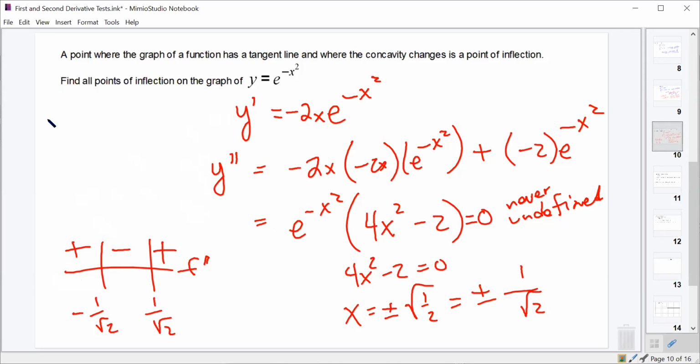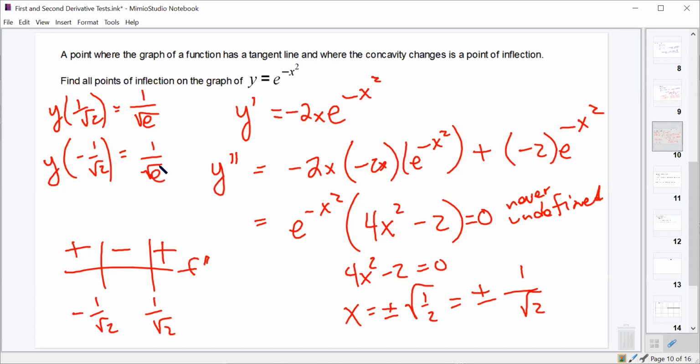So what are the values of our function, y of 1 over root 2 and y of negative 1 over root 2? 1 over root 2 squared is a half, and e to the negative 1/2 is 1 over root e. Same here. If I square the negative 1 over root 2, we get a half, get the negative 1/2, and we get e to the negative 1/2 or 1 over root e. Everybody good with that?